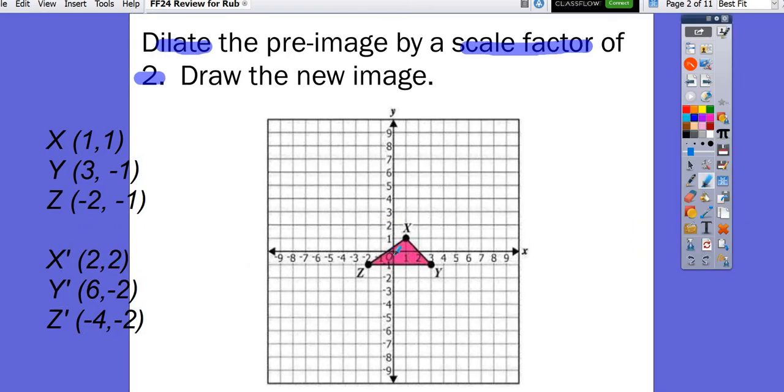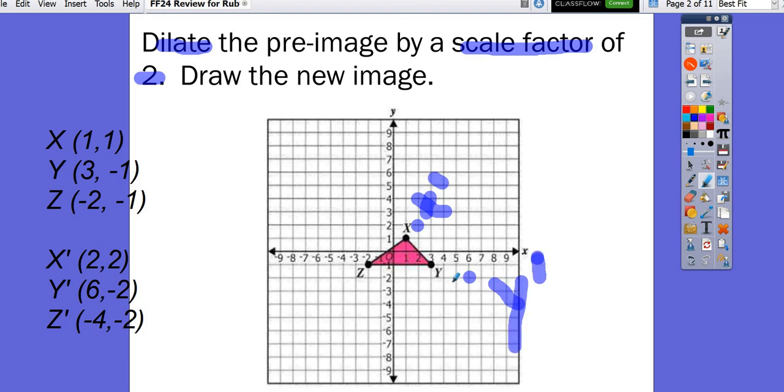X prime is 2, 2. So we're going to start at the 0. 1, 2, 1, 2. And I'm going to put a dot there, and I'm going to label it X prime. Forgive my labeling. Then I'm going to go to Y prime, and I'm going to go ahead and plot that. 6, -2 is Y prime.